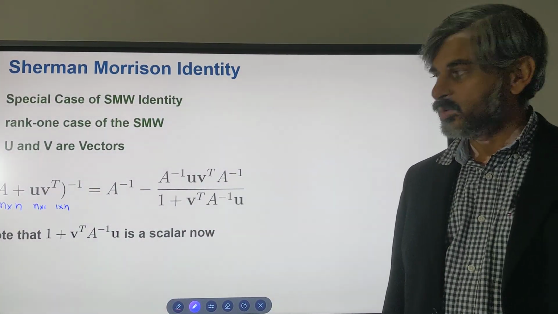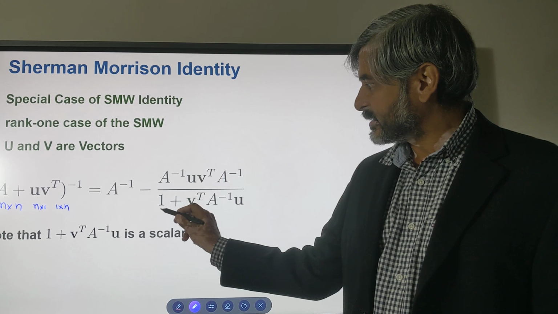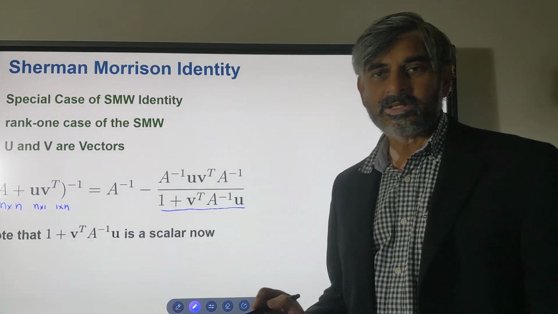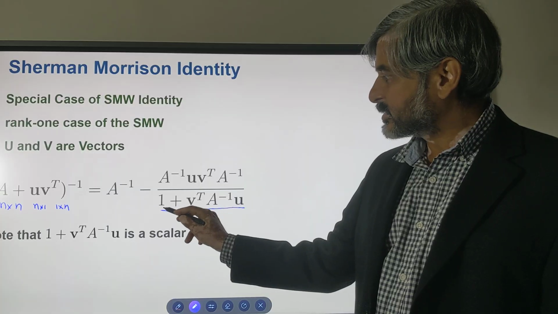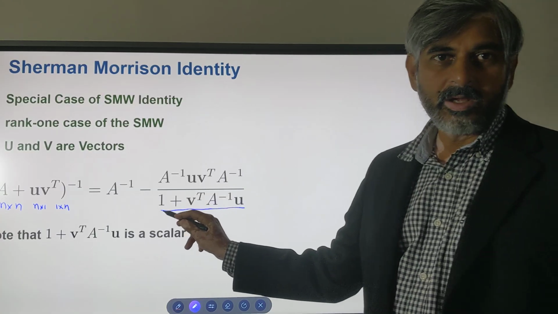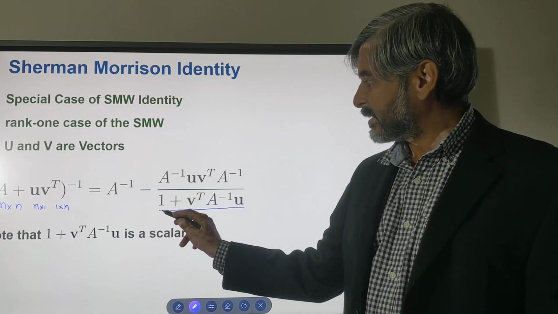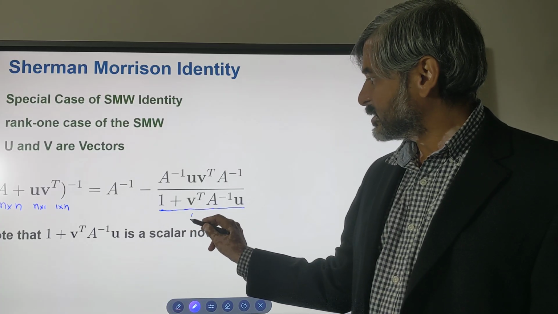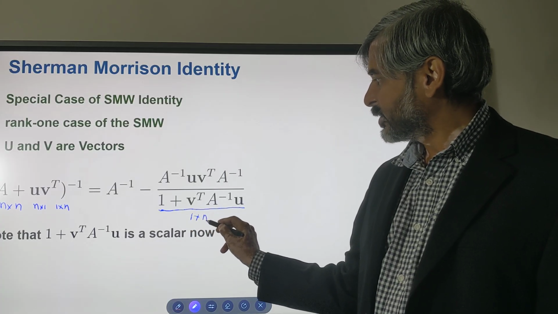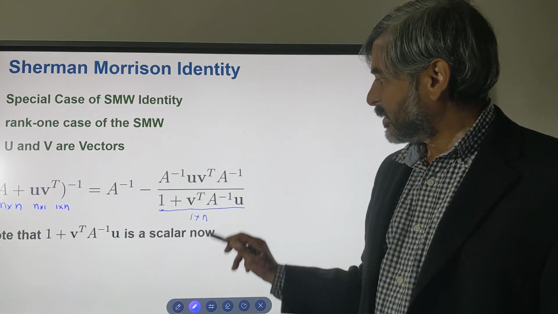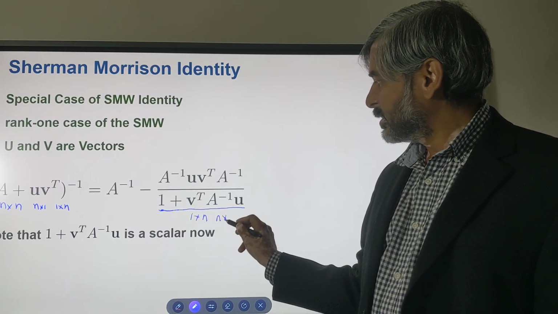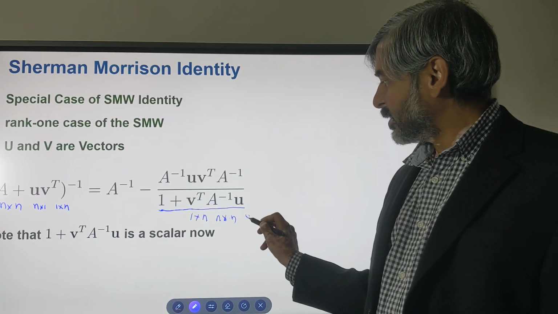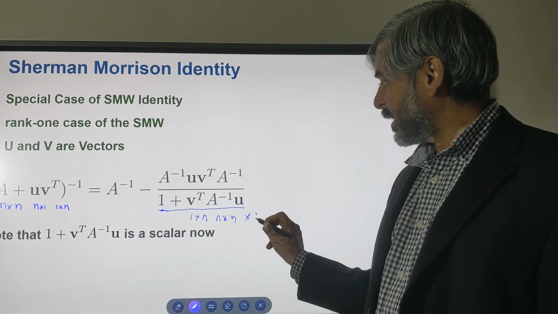Note that in that case, this particular thing in the denominator becomes a scalar, and it's not a matrix. One is just a scalar you are adding. For example, this one is a 1 by n matrix, and A is n by n, so this multiplication will become 1 by n, and then you multiply again with U, which is an n by 1.